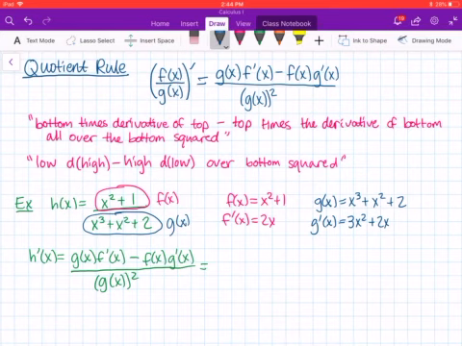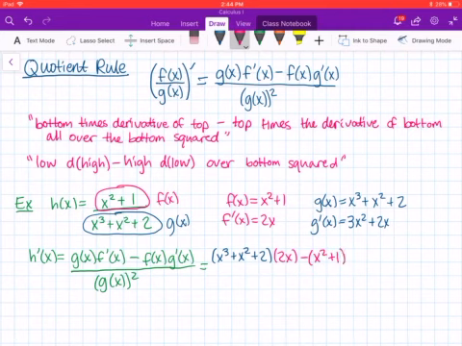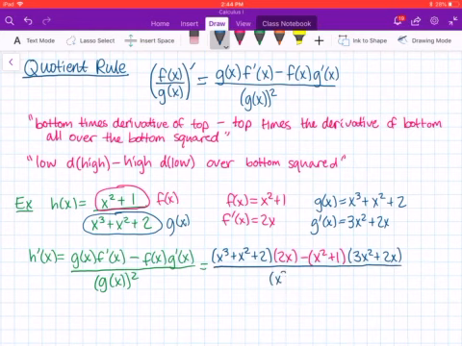So we have g of x is x cubed plus x squared plus 2 times the derivative of f, which is 2x, minus the top, which was x squared plus 1, times the derivative of the bottom, which we discussed was 3x squared plus 2x, all over the bottom, so x cubed plus x squared plus 2 squared.